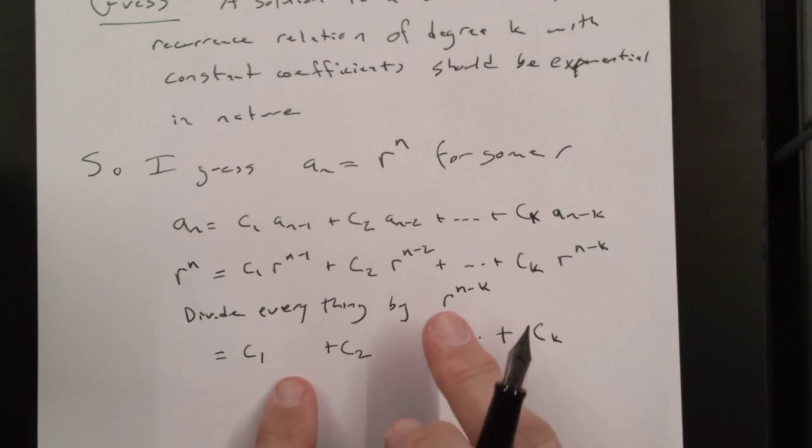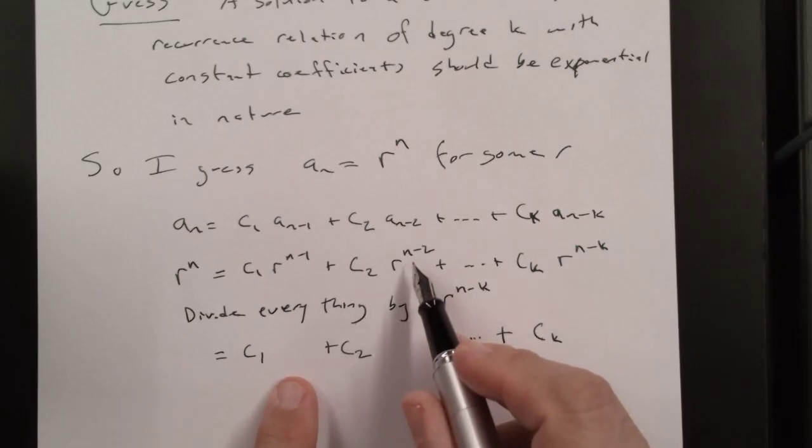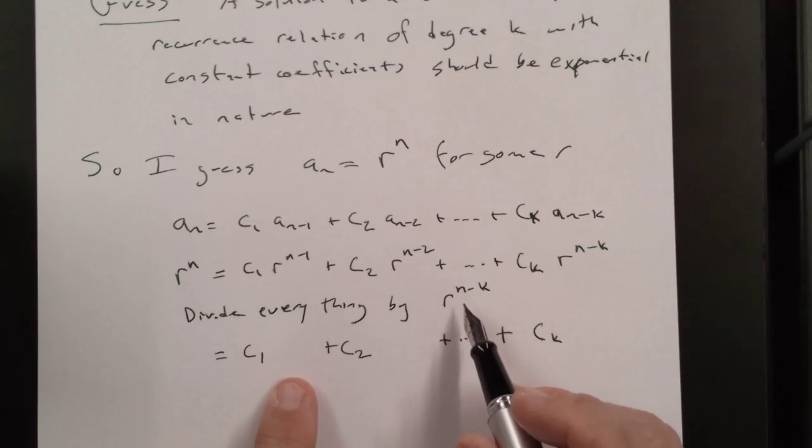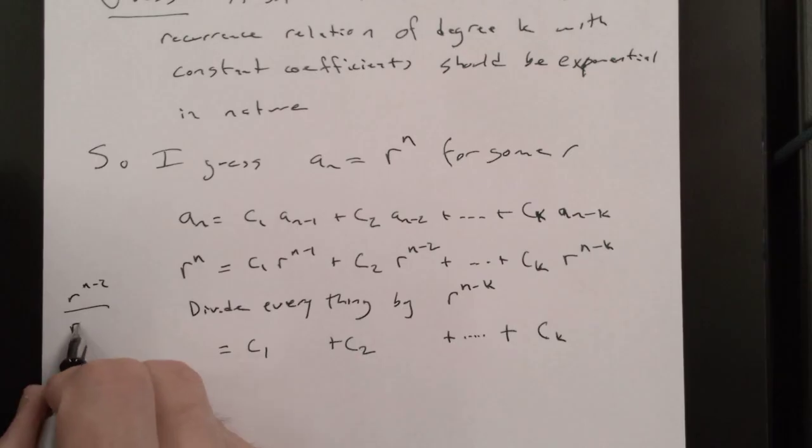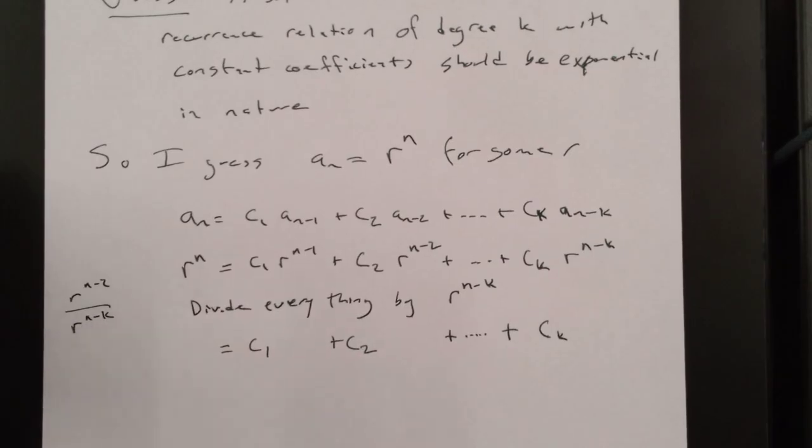If I take r to the n minus 2 and divide by r to the n minus k, what do I do when I divide powers that have the same base?